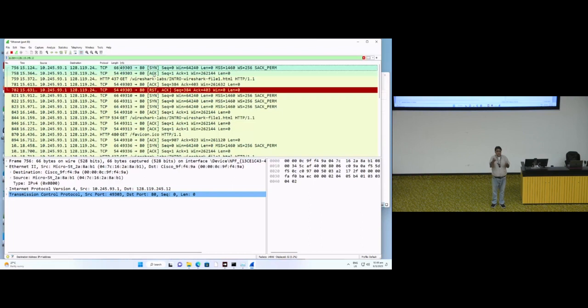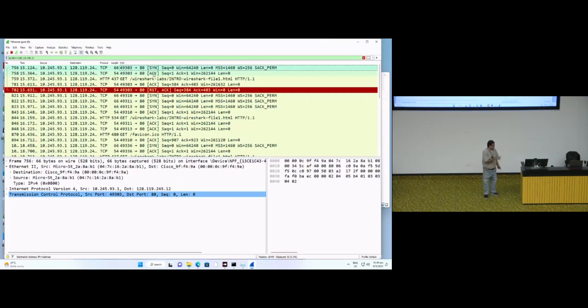When it wants to set up a connection, like when you want to talk to a web server, there's a setup. What happens is A wants to get data from B. You are A, and let's say Google is B. You're going to send a SYN packet. Google, or B, is going to respond with a SYN ACK, and you're going to respond with an ACK.